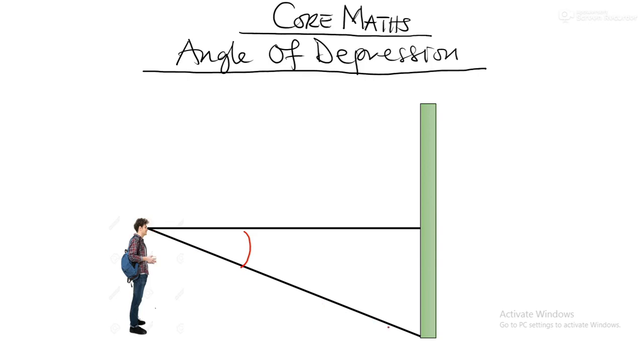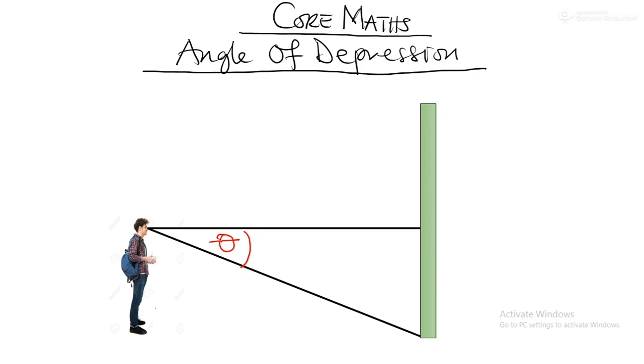Now this imaginary line from the point of observation, which is the eye, to the object, the foot of the pole, is also called the line of sight. And this is your horizontal eye level. The angle formed between the horizontal level and the line of sight is called angle of depression.